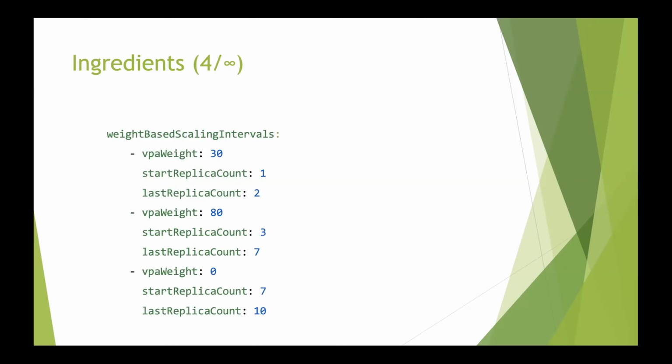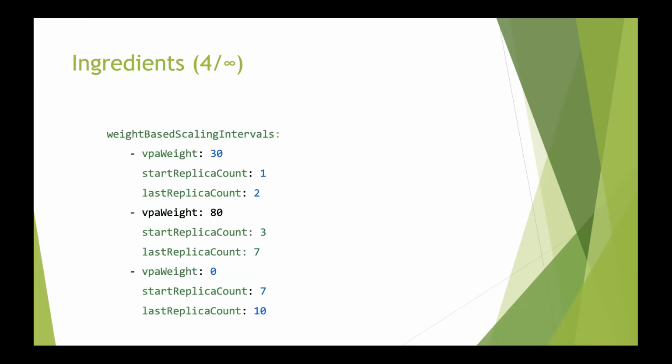So if the current number of replicas running for the application is between 1 and 2, including 1 and 2, then the weightage given to the VPA recommendations will be 30%, and the weightage given to the HPA recommendations will be 70%. In this way, we can control how both HPA horizontal and vertical scaling can happen on an application. This will prevent us from deploying 9 times or 3 times of the deployment that we had seen earlier when HPA and VPA are deployed independently.